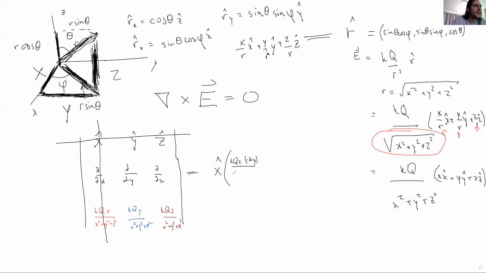So minus 2y here over x squared plus y squared plus z squared, but now this quantity is raised to the 3 halves.